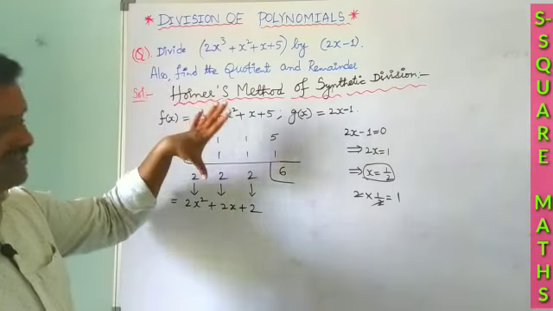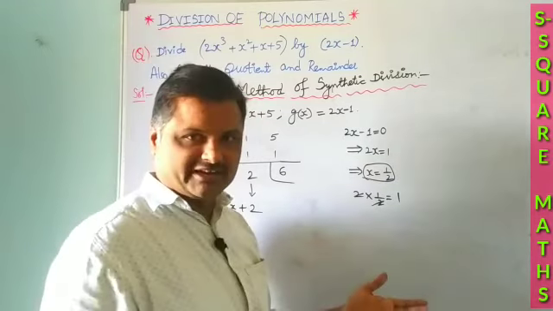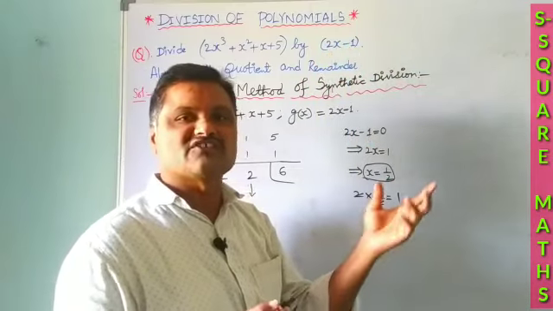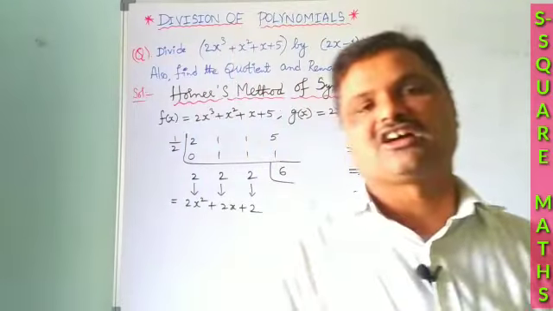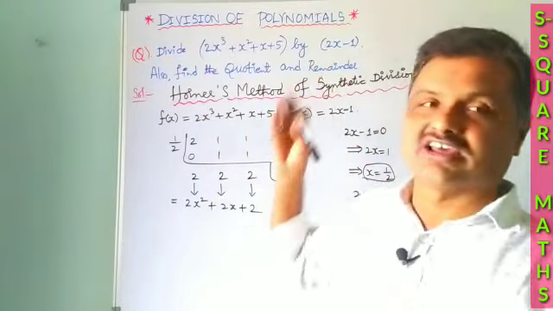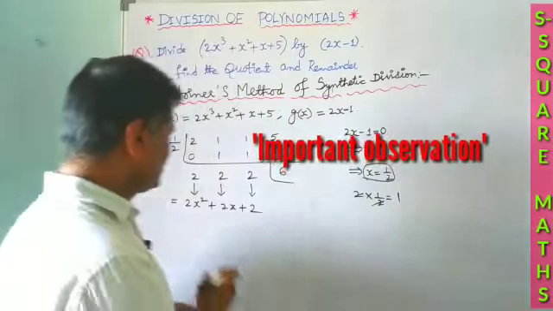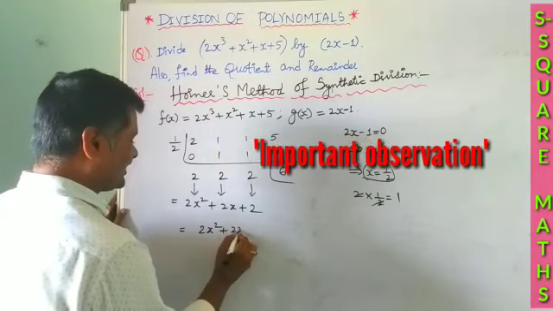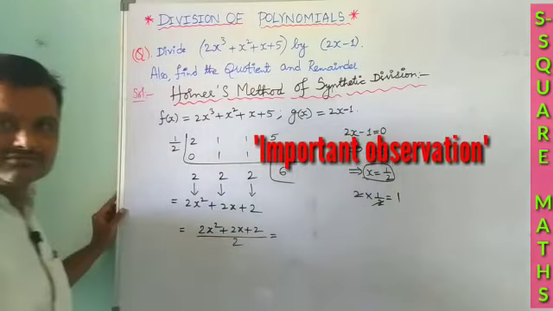Actually by both the methods you should get the same answer. Here we can overcome it because for the divisor 2x minus 1, the coefficient of x is 2. Please students, whatever the coefficient of x may be, plus 2 or minus 7 or 5 by 2, you have to divide by the same. So 2x square plus 2x plus 2 you should divide by 2.